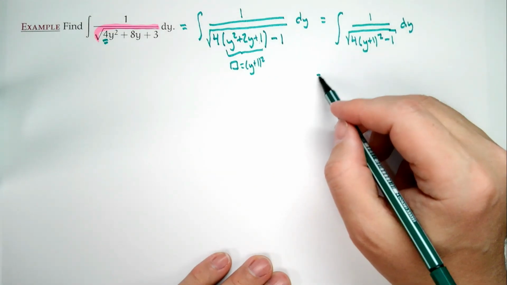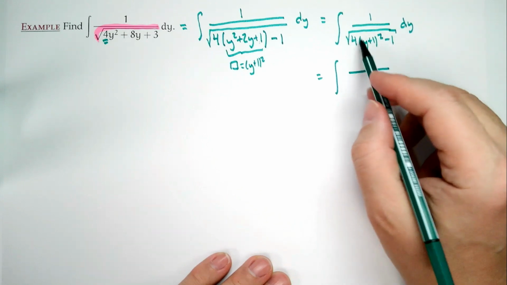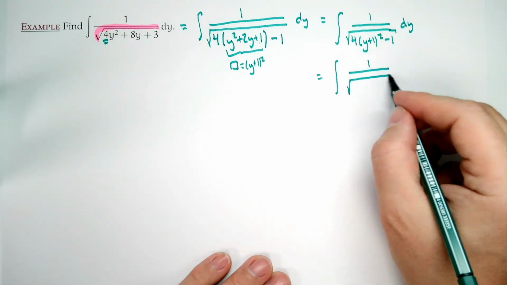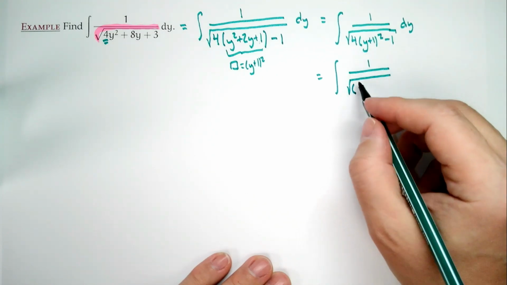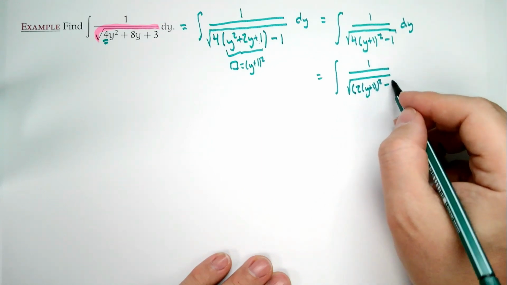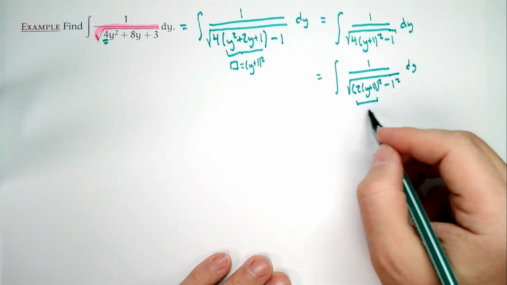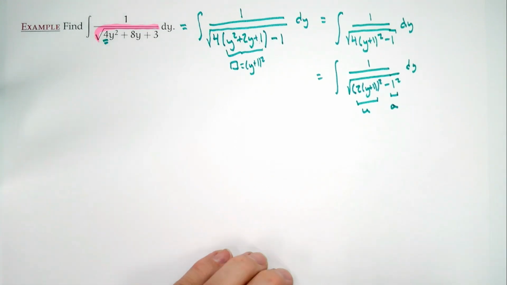Let's go one more step further. I could combine this 4 inside of here if I wanted to. And you know what? I want to do that. So I can think of this as 2 times y plus 1 squared minus 1 squared. There we go. So this is our u, and this is our a.